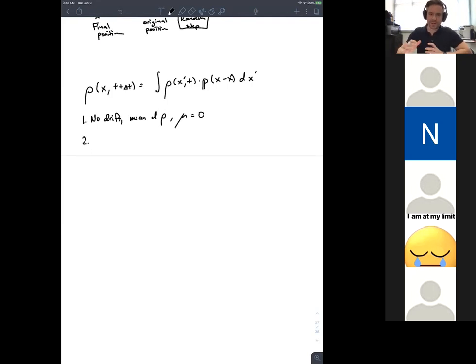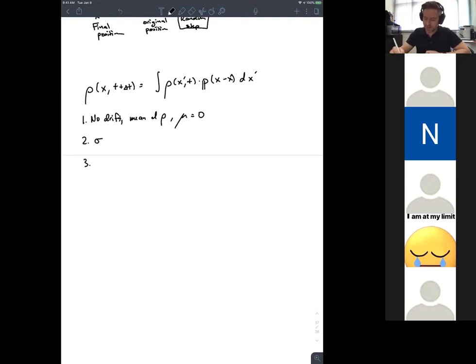We also said that the width of the distribution is quantified by some standard deviation, which we called sigma. And we also said that the typical length scale of our distribution rho, that is the length scale over which rho changes appreciably, is much larger than the step sizes.